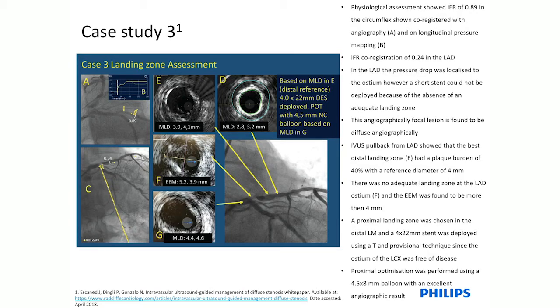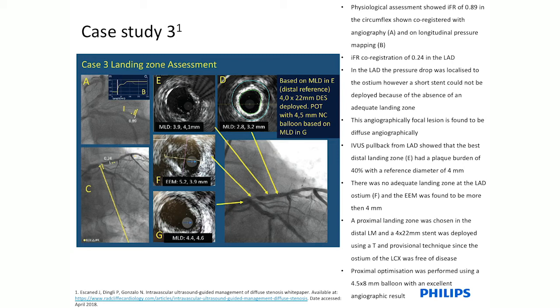Now, this is another case where we are seeing this assessment again with iFR in the vessel. You're seeing here basically physiological assessment in the circumflex vessel, also co-registered here with angiography. We are seeing also the iFR co-registration in the LAD.